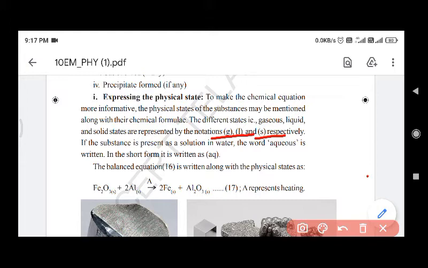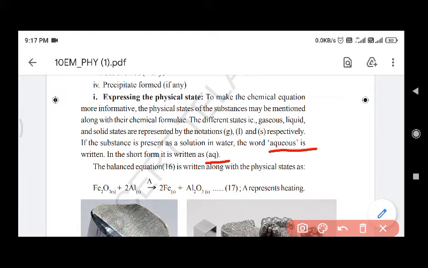If the substance is present as a solution in water, sometimes substances are present as solutions in water. In such cases, the physical state we represent as aqueous, written as small a and small q within brackets. For example, sodium chloride solution, meaning sodium chloride dissolved in water.